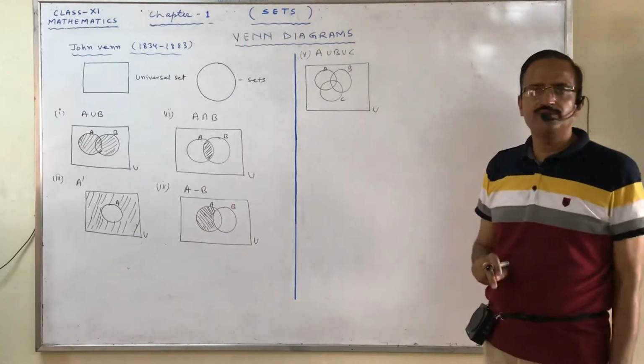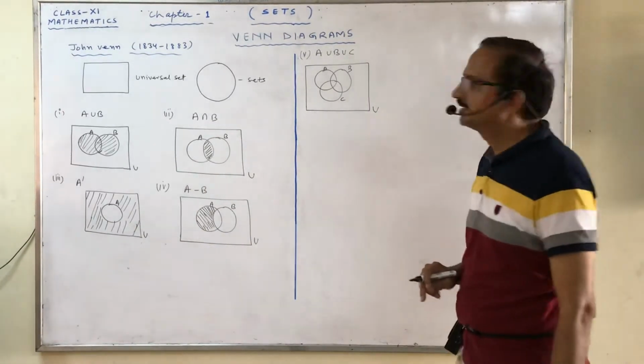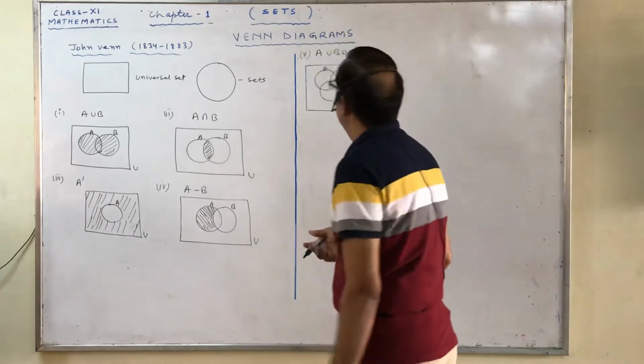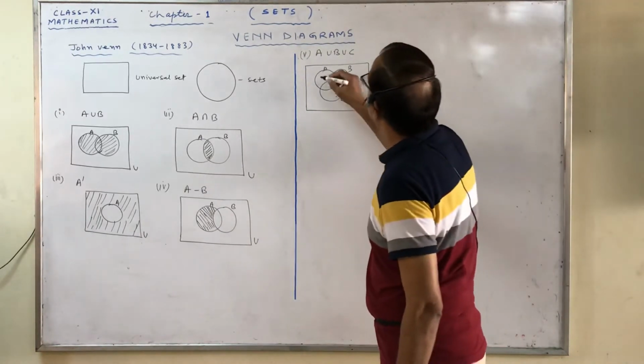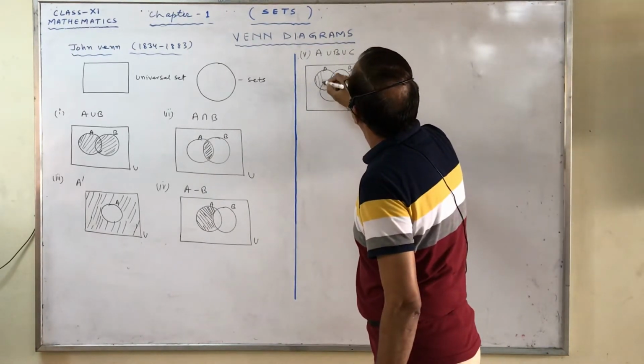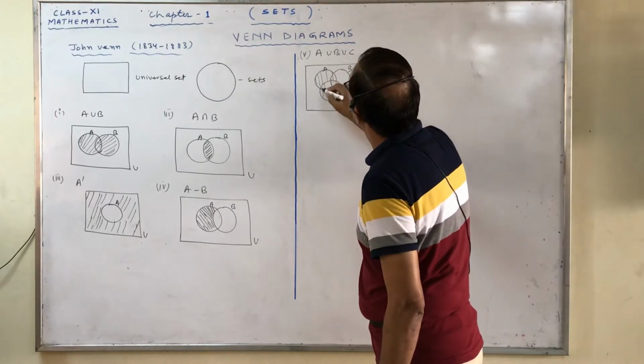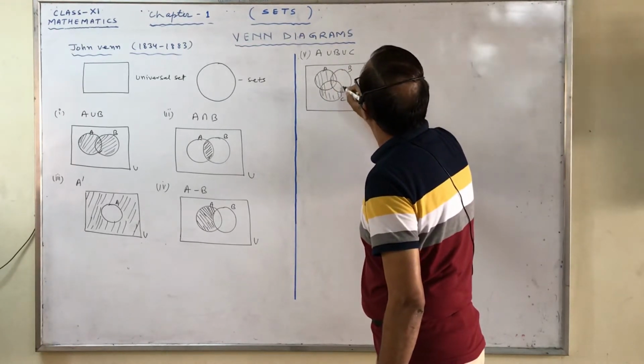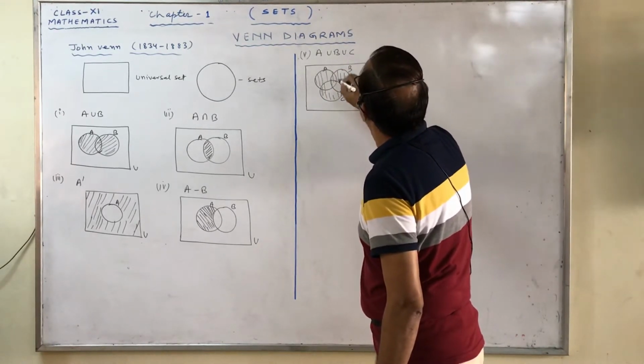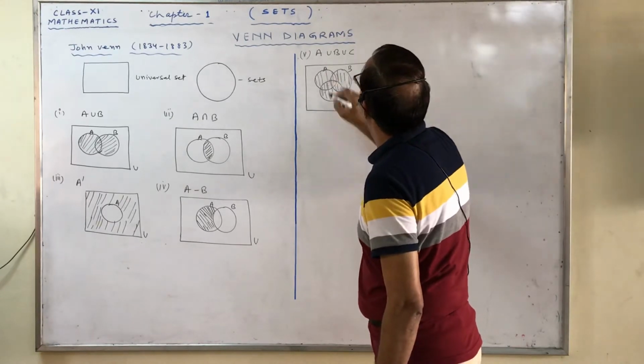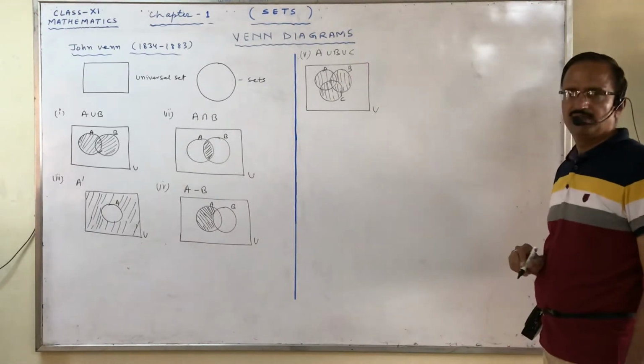Now union of A, B and C means all the elements of A, B and C. So this total portion of A, B and C will represent A union B union C.